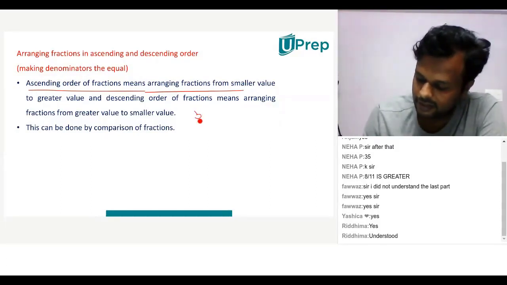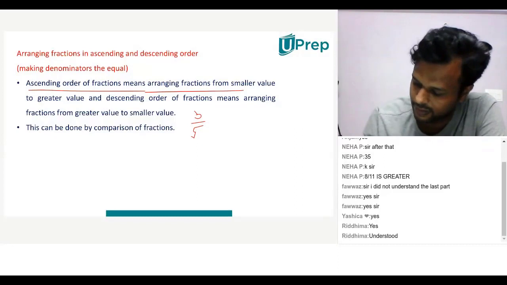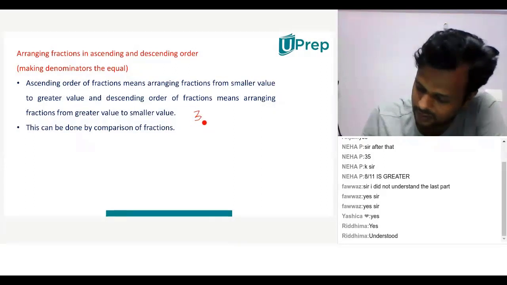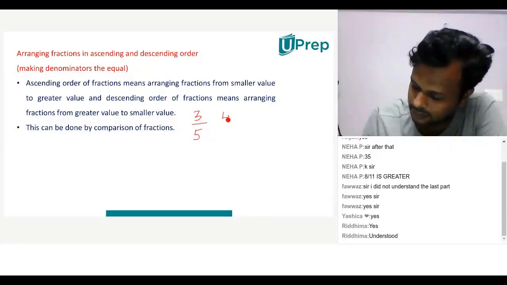For suppose I have fractions. Children, I have fractions 3 by 5, 4 by 5, and suppose I have 6 by 5.